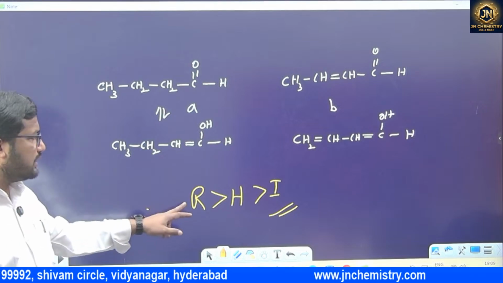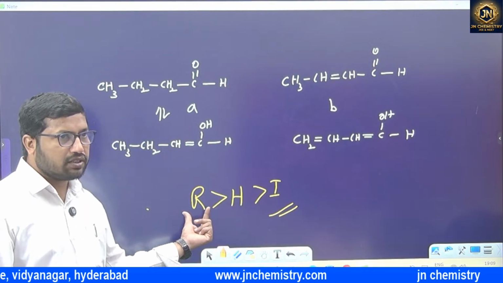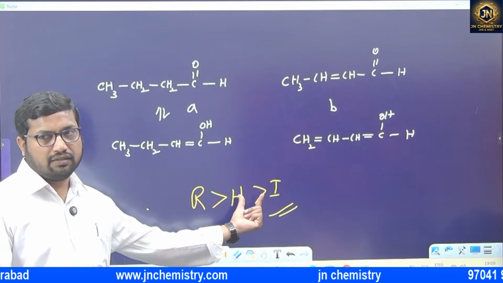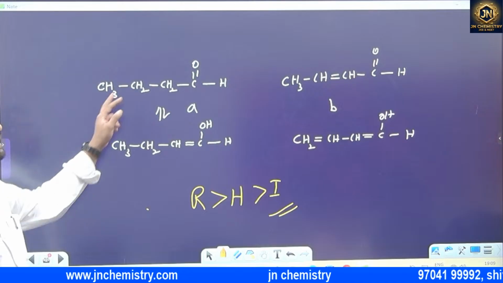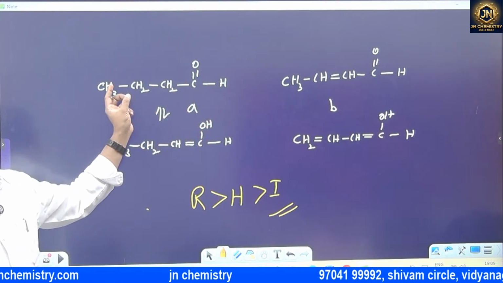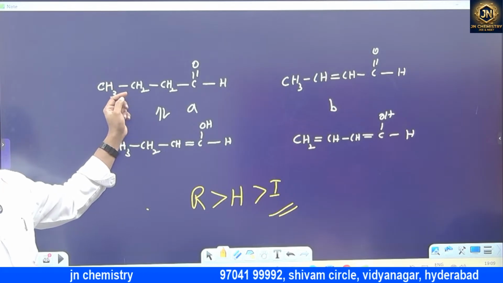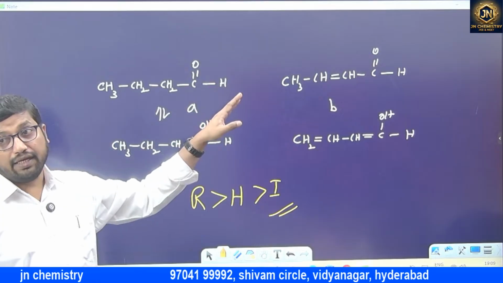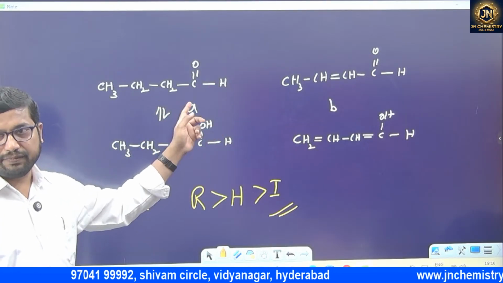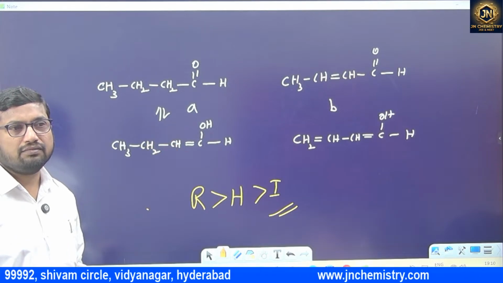Rolls-Royce, Honda City, Indica. Which has more enol content? Enol form. In keto-enol tautomerism, which is more enol form? So what is the answer right now?